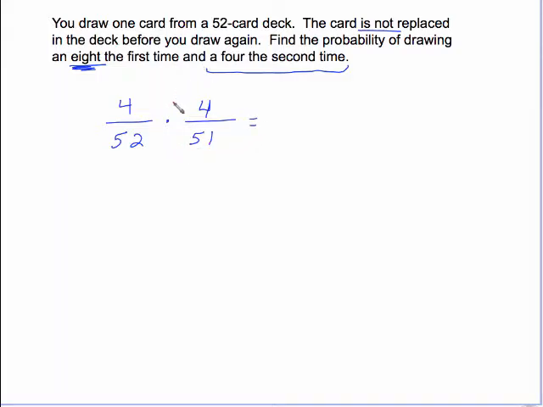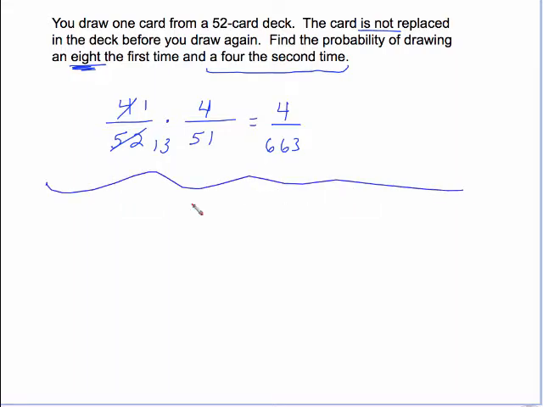Well, we are assuming that we got this 8. We got an 8 the first time. So the card sitting out on the table is an 8. We want to know the probability of getting a 4. There are still 4 4s. So then it's just a matter of reducing. 4 into here is 13. 1 times 4 is 4. 13 times 51 is 663.